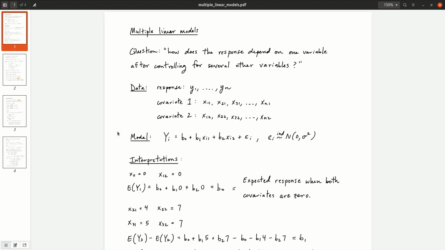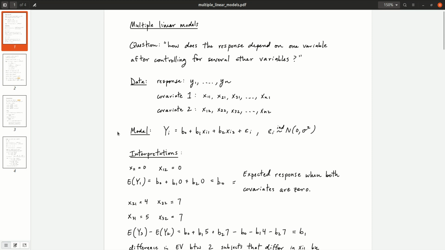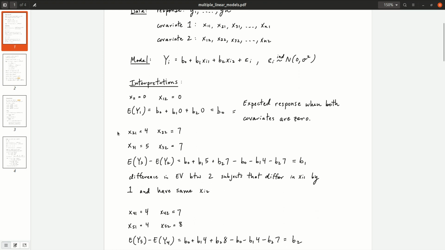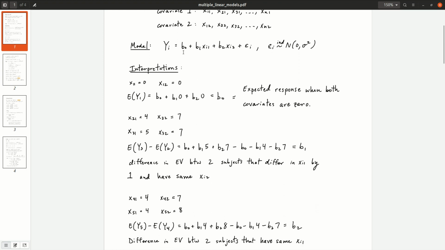Okay, so now let's go into how we interpret the parameters in the model. The parameters in this model are going to be b0, b1, b2. We're thinking of these as plain old numbers, but that we don't know what they are. So these are not random quantities.